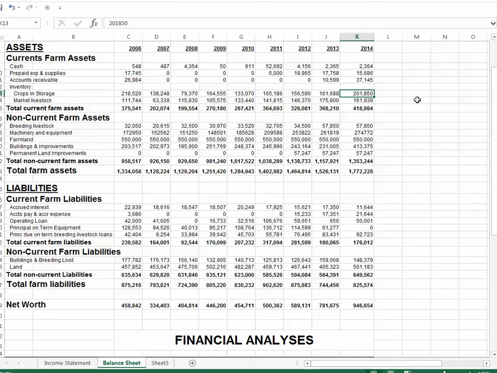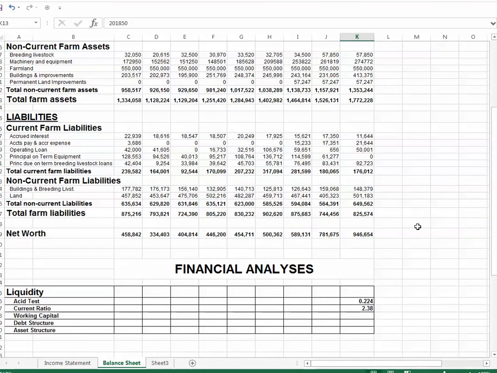So the acid test is simply determining what percent of your current debt, and remember that's debt due in the next year, you actually have in cash and accounts receivable, which is cash that's about to come in. So if you look at J&J Farms, they only have 22 cents for every dollar of current debt. But they've got $2.38 of current assets for each dollar of debt.